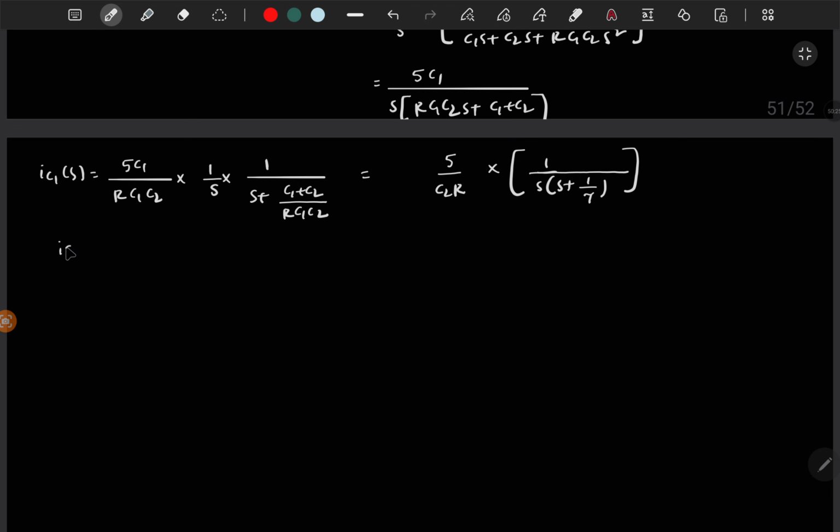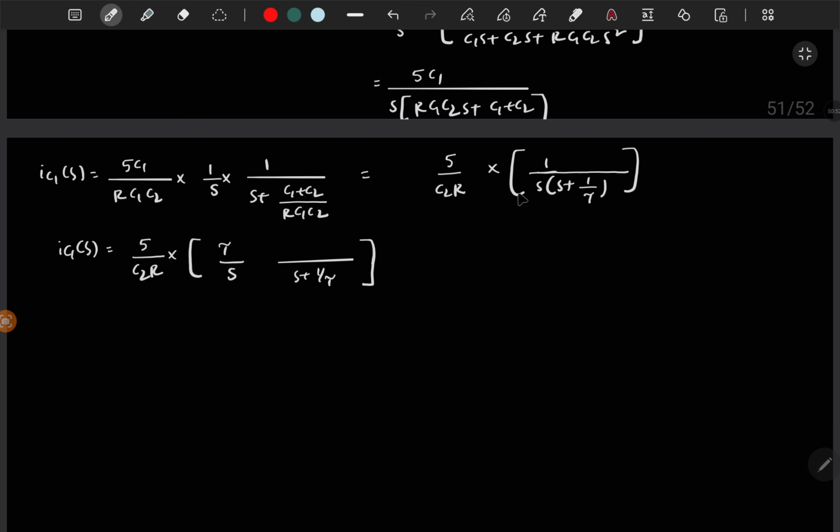So IC1 of s is phi by C2R times, if you take partial fractions for it, s plus 1 by tau, then put s equal to 0 here, you will get 1 by 1 by tau, which is tau.